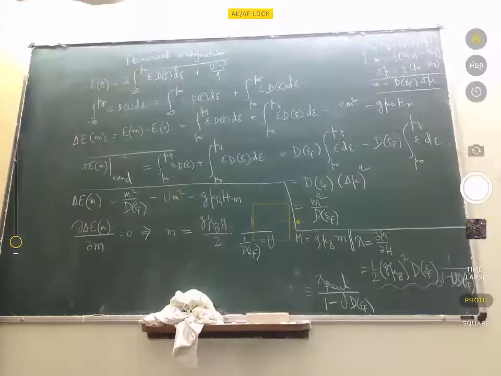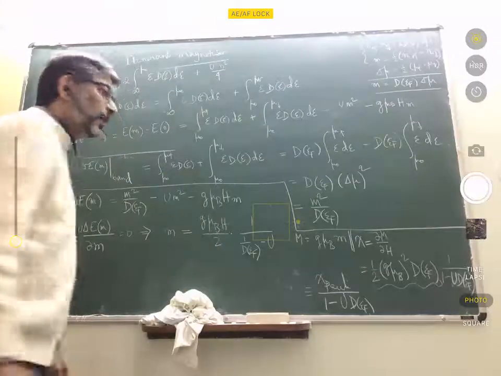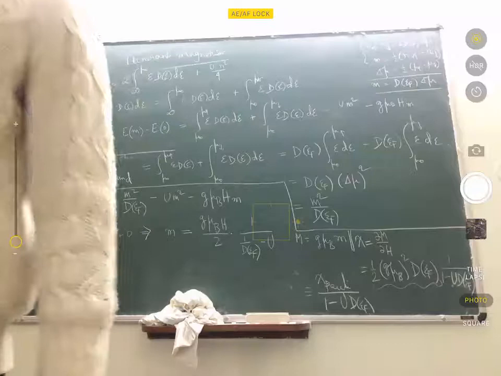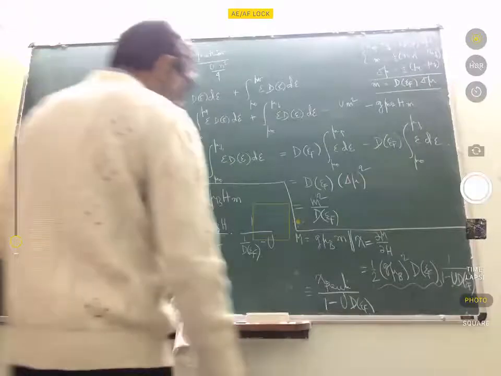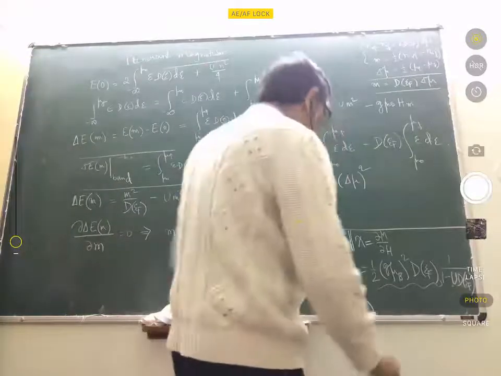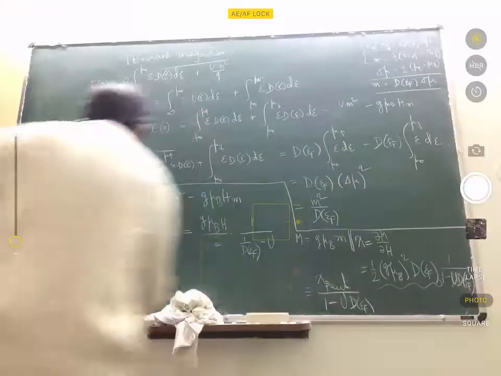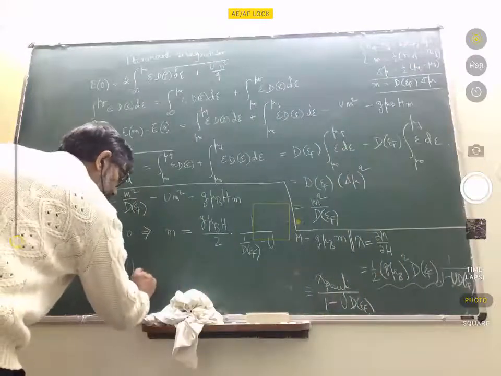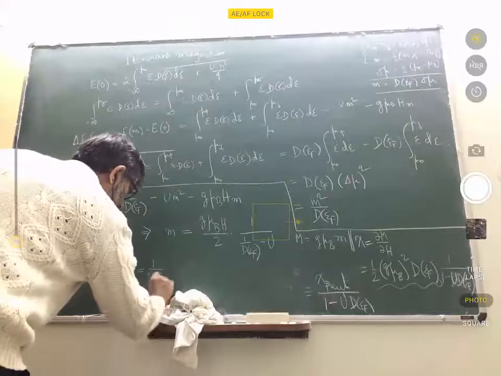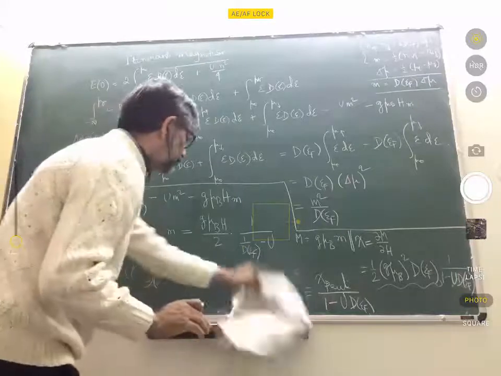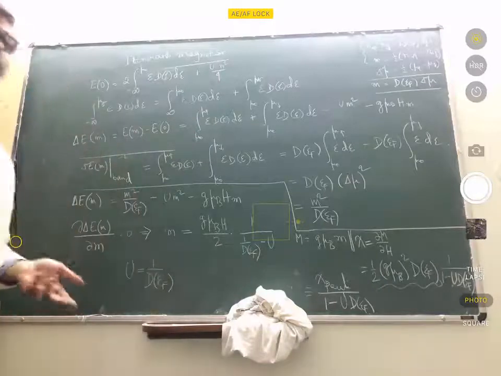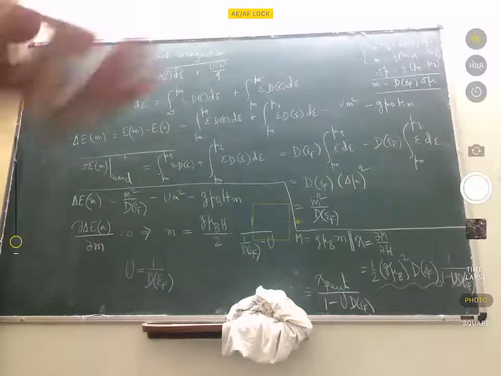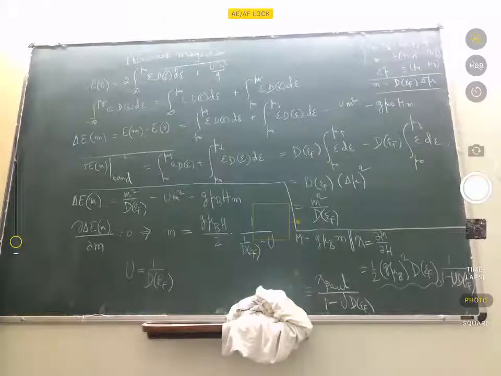So suppose you start with the U equal to 0 system, and then you start increasing U. When U equal to 0, of course, you have a paramagnetic system, no moments, no magnetization.